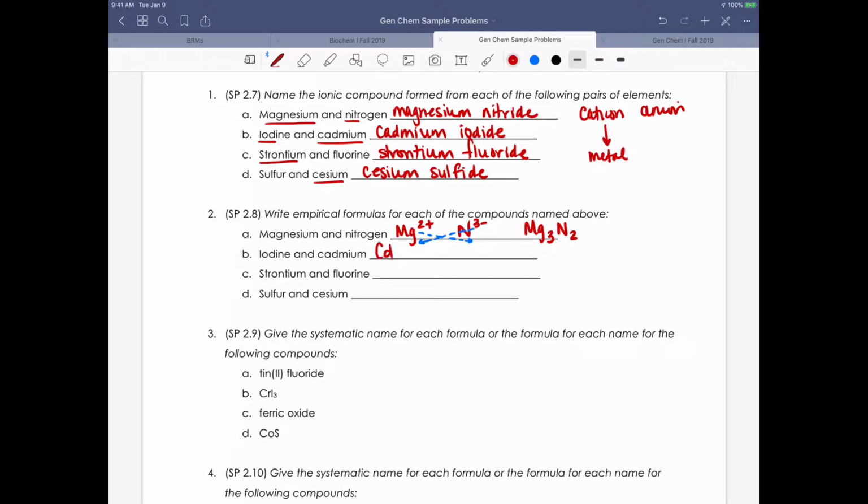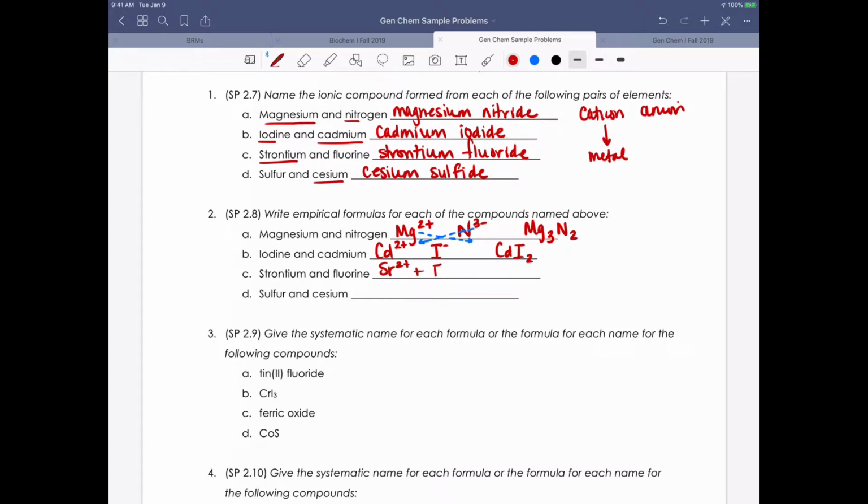So cadmium, being in the same group as magnesium, is going to be Cd2+. Iodide is I-. Again, if we do that switch, we can see that we're going to have CdI2 for cadmium iodide. With strontium and fluorine, strontium is another divalent, 2+ charged ion.